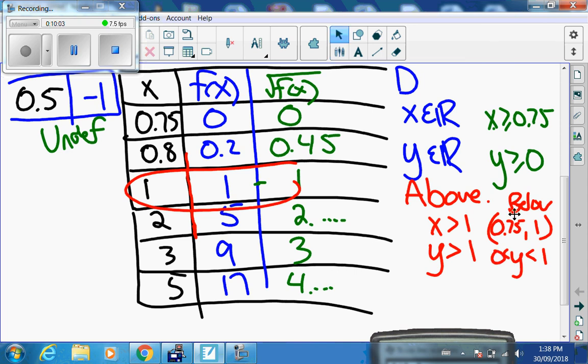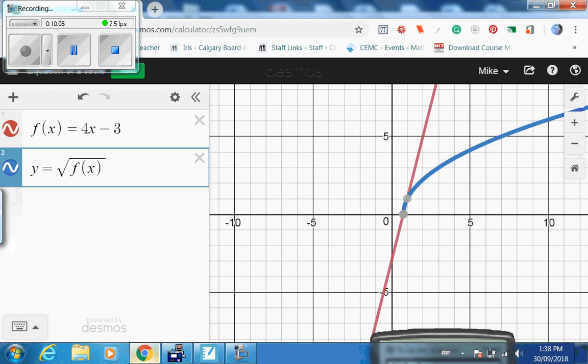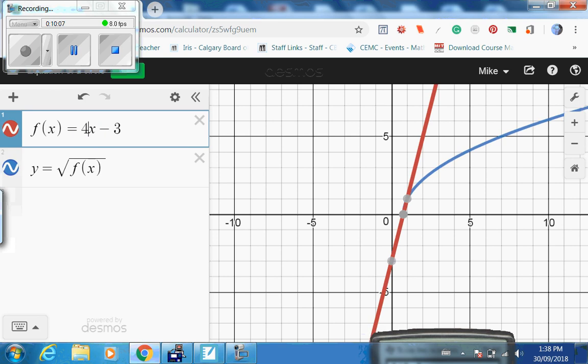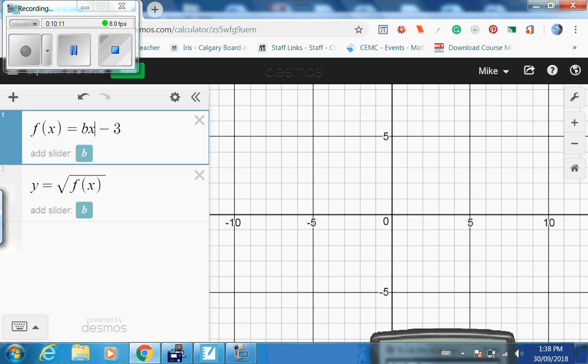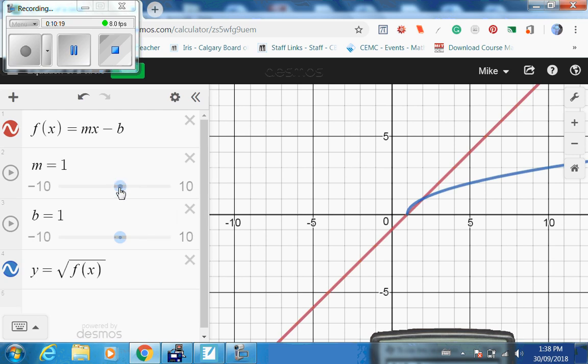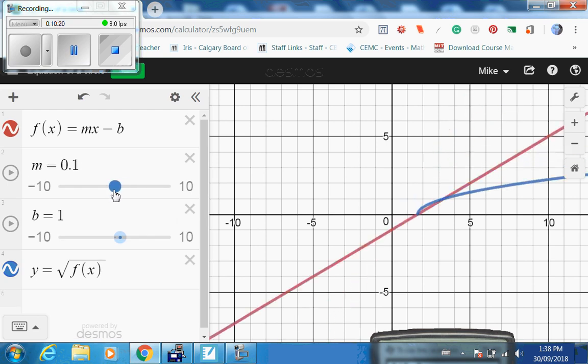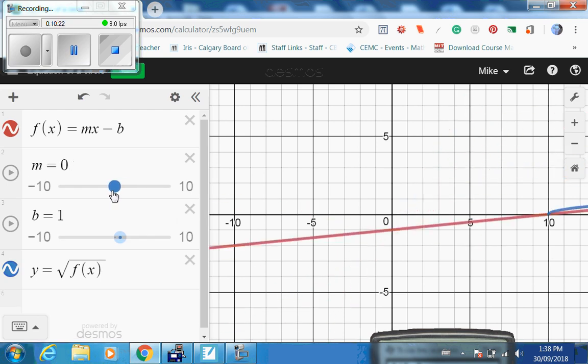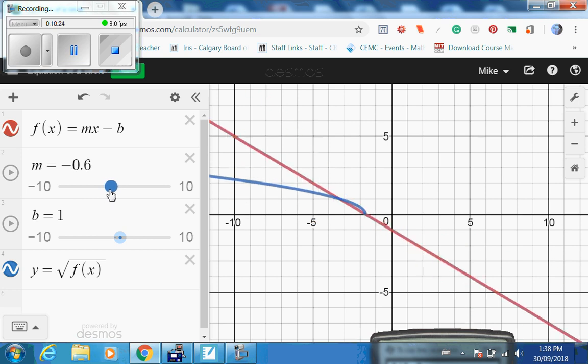Now, again, I'm not overly fond of this example. Let's put an m here and a b, and again, we'll add all the sliders. Now, even if we change our values, you'll notice that no matter where I put my graph, the blue line is always above the y values between 0 and 1.